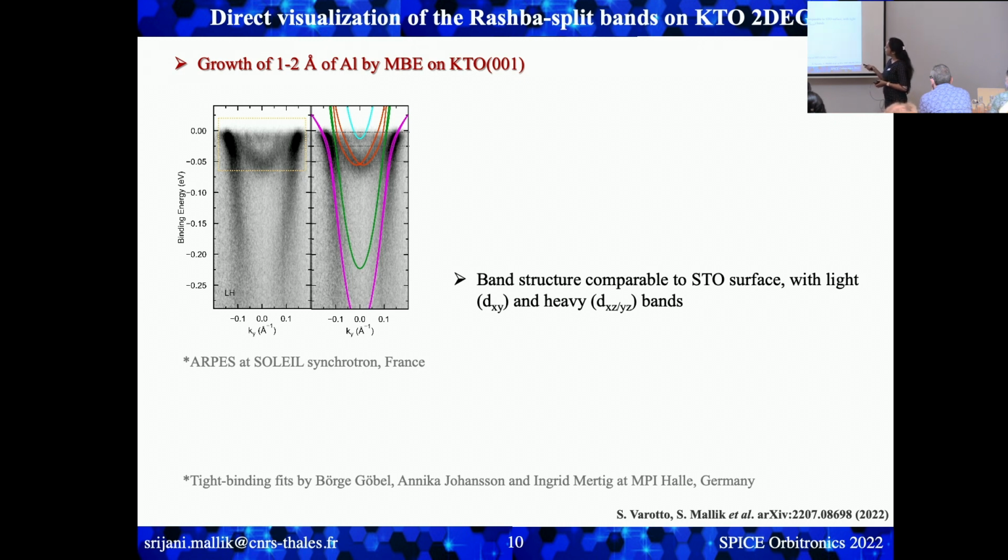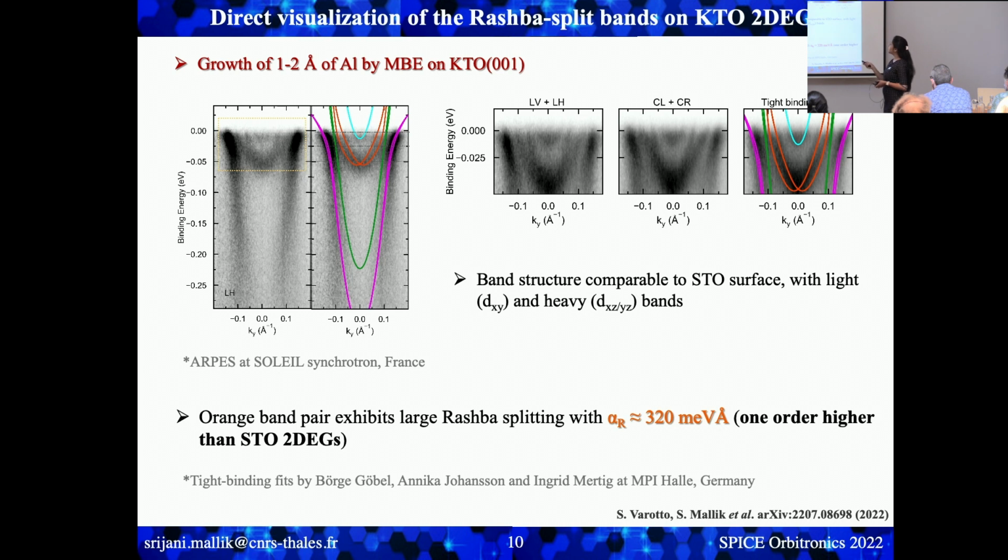The pink and the green ones have d_xy characteristics, so they are the light bands. And there are heavy bands with d_xz, mixed orbital characteristics. These are the orange bands, and they are the most Rashba-split bands.